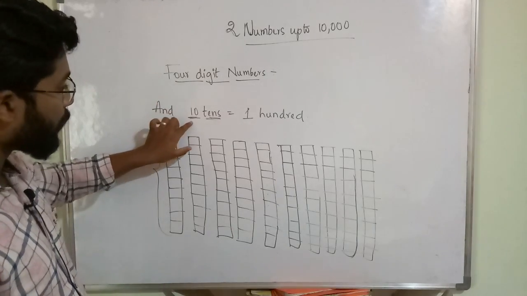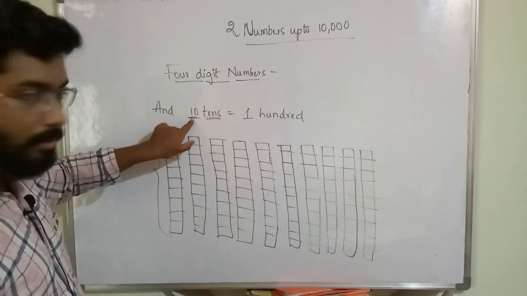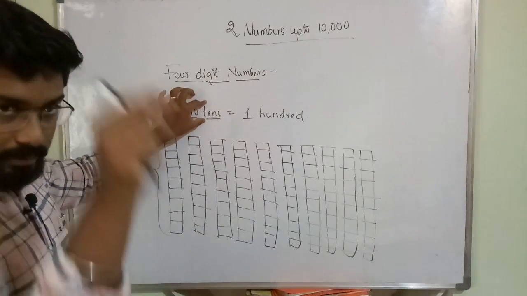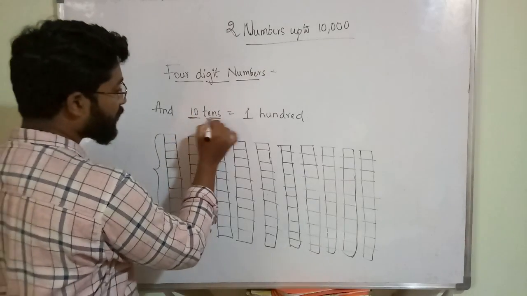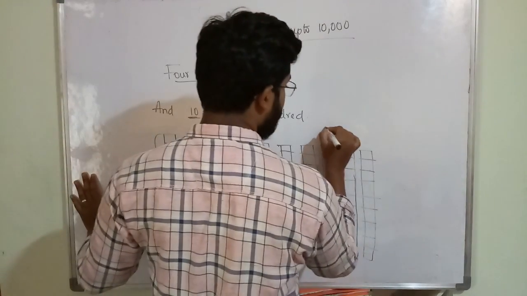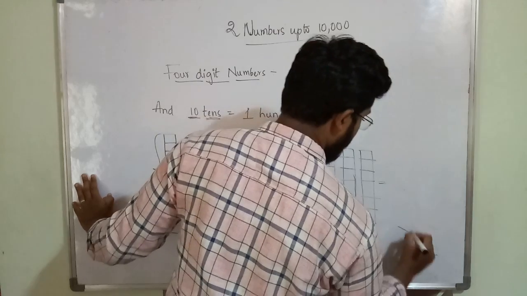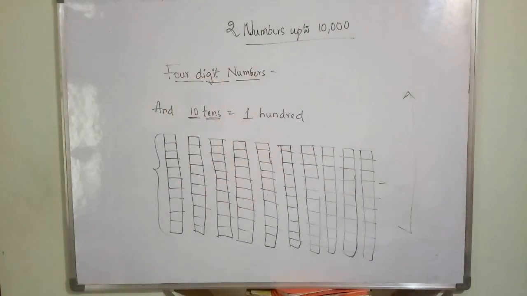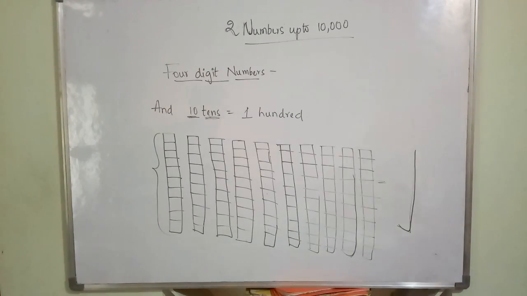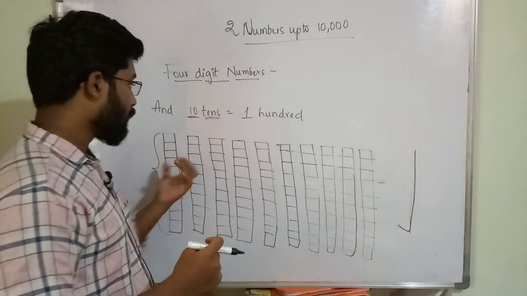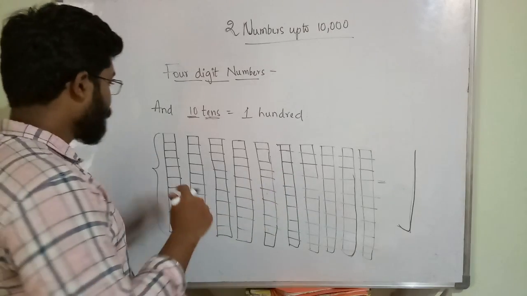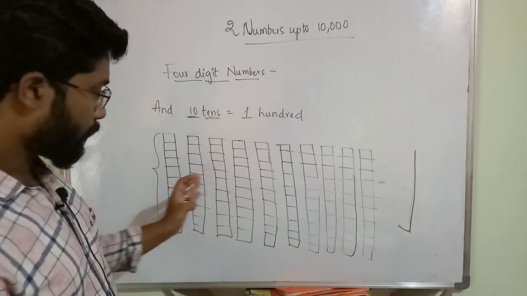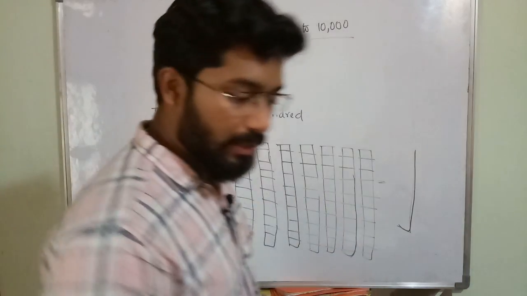Combinedly these all are equal to, so I am writing here, these 10 boxes, each box is containing how much? 10 smaller boxes, no?